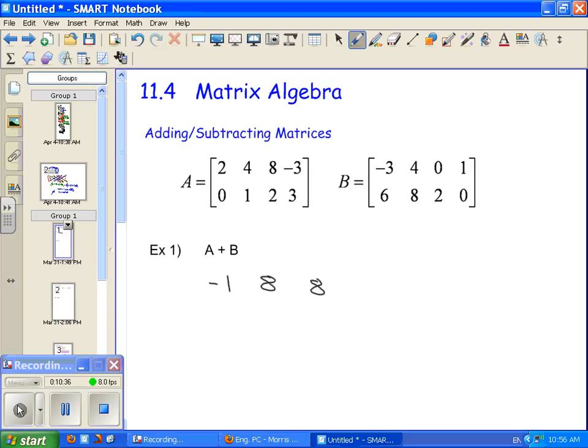And -3 plus 1 is -2. Down in the bottom row, 0 plus 6 is 6. 1 plus the 8 is 9. And 2 plus a 2 is 4. And 3 plus a 0 is still 3. And my answer will also be the same size and shape as the original two that were being added or subtracted.